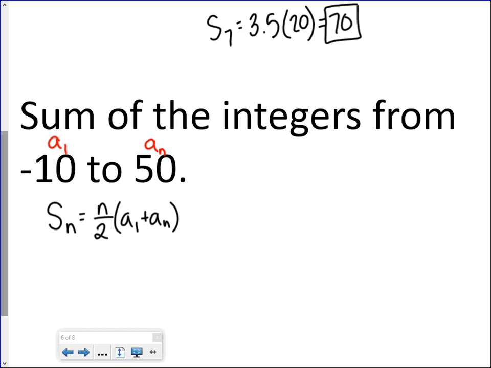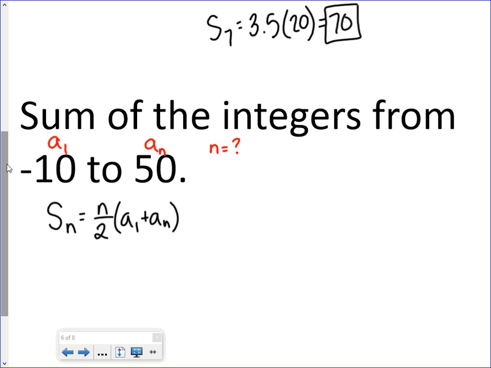And I suppose the big question is, what is n? So how many integers are there from -10 to 50? The way I always think about it, because I have a hard time sometimes counting this, is I think, okay, from -10 to -1, that's 10 numbers. And then from 0 to 9, that's 10 numbers.